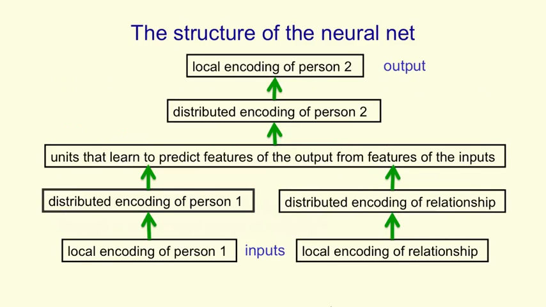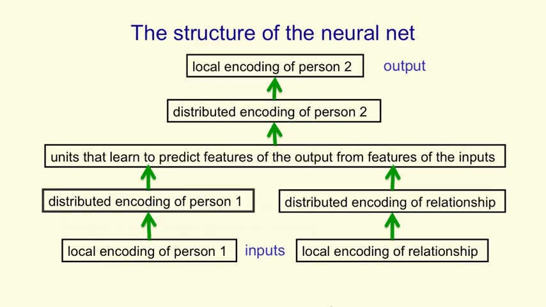So at the bottom of this diagram here, we're going to put in a person and a relationship, and the information is going to flow forwards through this neural network, and what we're going to try and get out of the neural network after it's learned is the person who's related to the first person by that relationship.